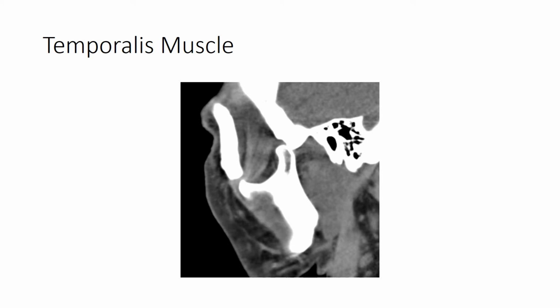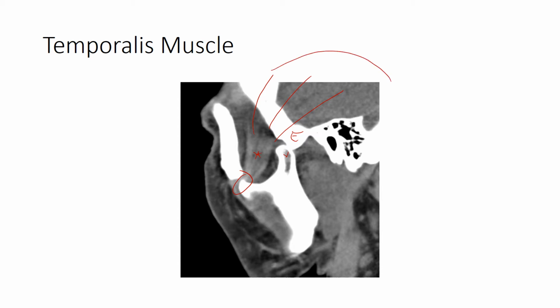This slide demonstrates the dislocated mandibular condyle, with the condyle being anterior to the articular eminence there. And it also demonstrates the temporalis muscle, which attaches to the coronoid process here and then will fan up to insert on the temporal fossa here.